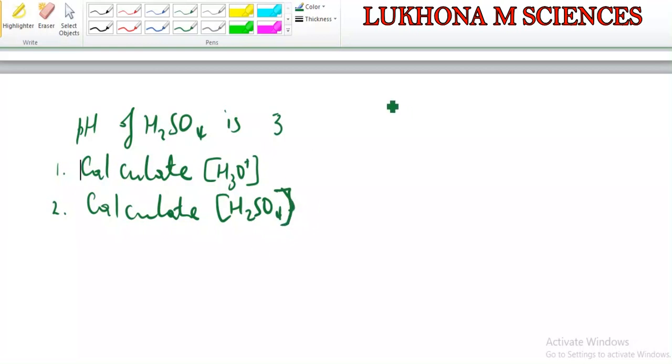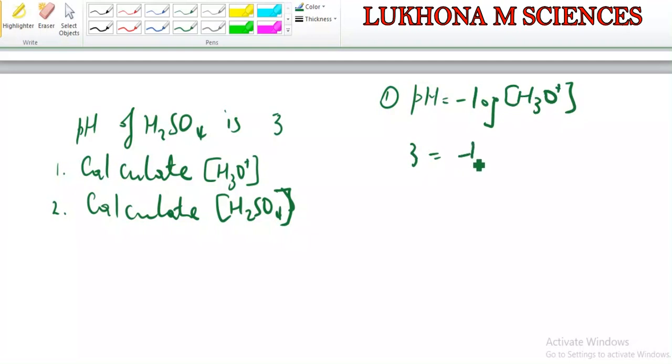Okay, let's start with number 1. We are given the pH, which is equal to minus log concentration of H3O+. The pH is 3, and we are looking for the concentration of H3O+.